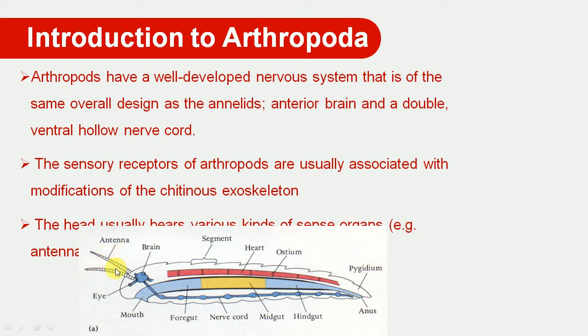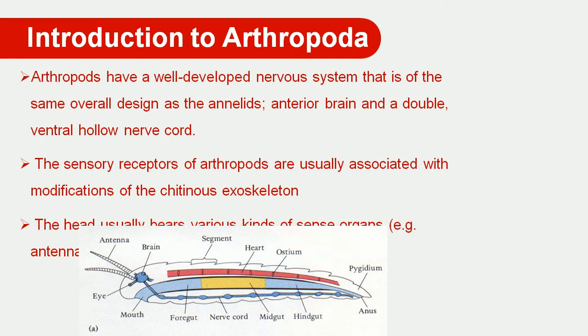We can look at the brain, and the ganglion system extends along the ventral side, while on the dorsal side the circulatory system extends as a cavity or heart. You can look at the pictures showing the segmentation. Then the ventral nerve cord runs along the body's ventral side.